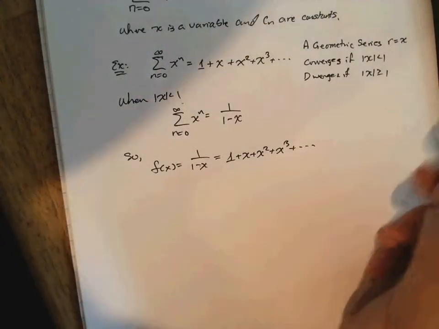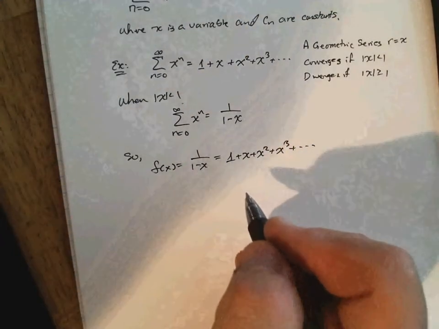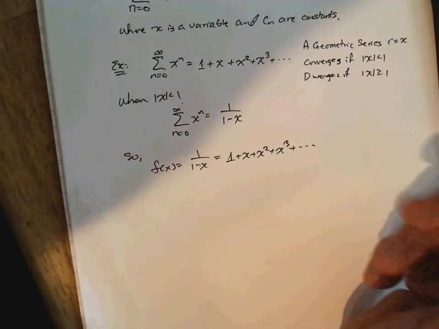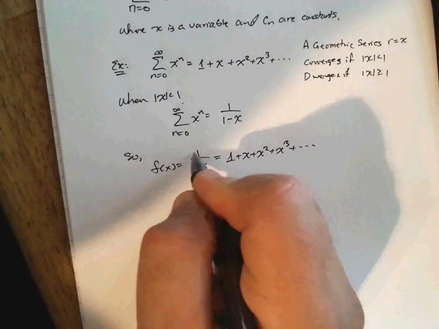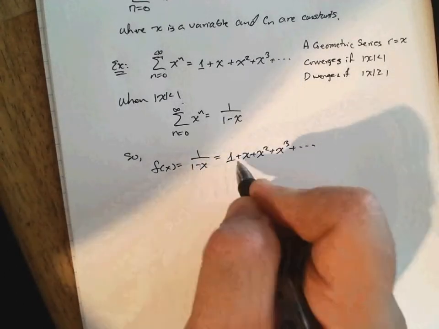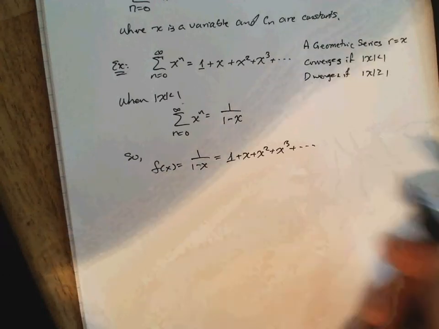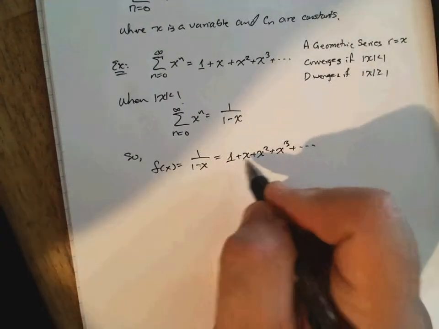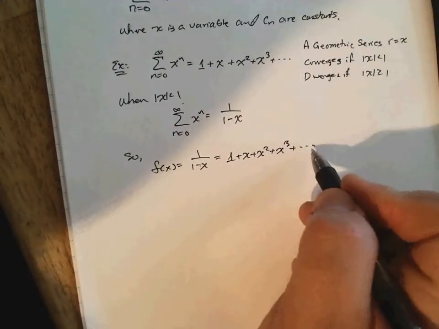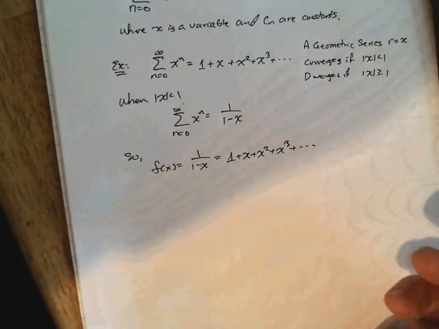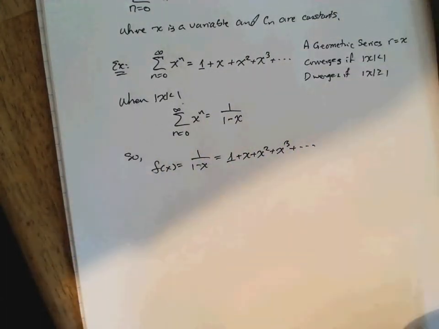Okay, so this starts to get at the idea of why we're interested in series in general and power series specifically. They allow us to take a function and re-represent it as an infinite polynomial. And the reason one might want to do that is polynomials are much easier to work with in calculus than other functions are. We know how to differentiate and integrate polynomials very easily. So think about it.